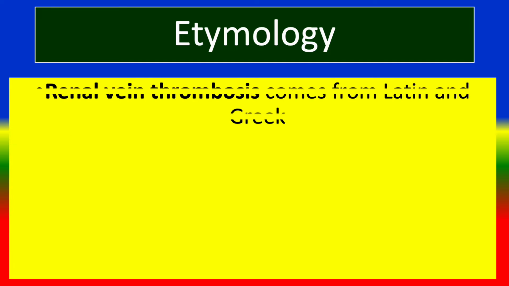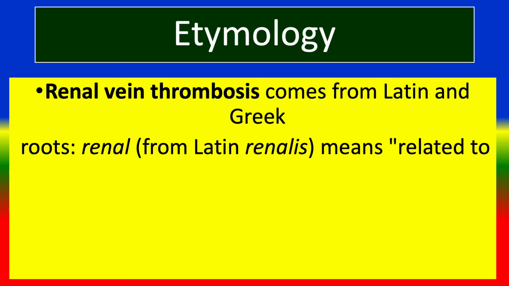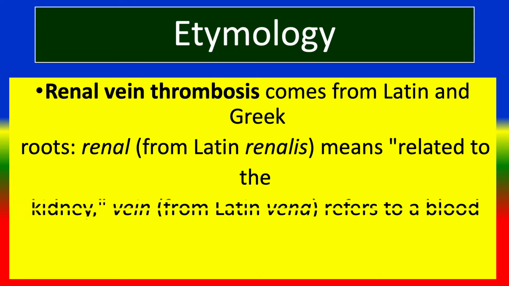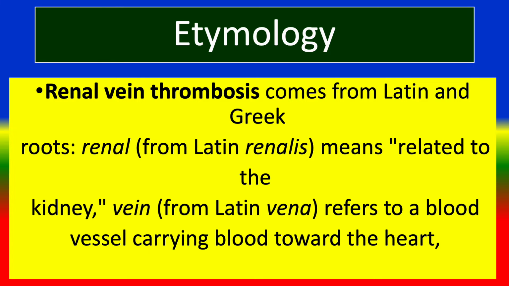Etymology. Renal vein thrombosis comes from Latin and Greek roots. Renal, from Latin renalis, means related to the kidney. Vein, from Latin vena, refers to a blood vessel carrying blood towards the heart.